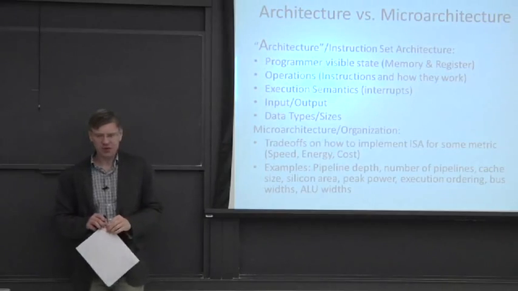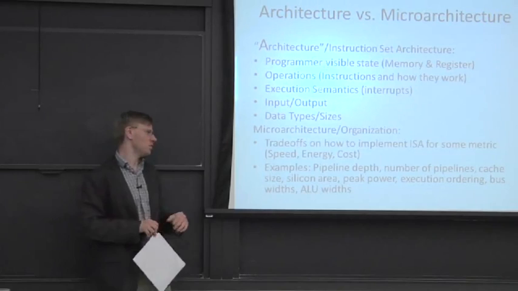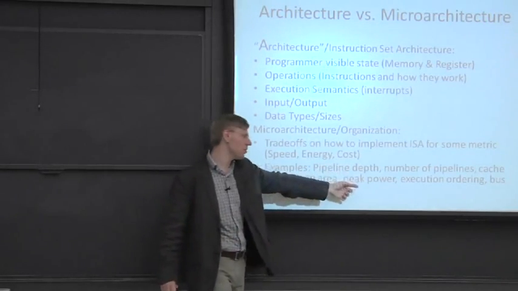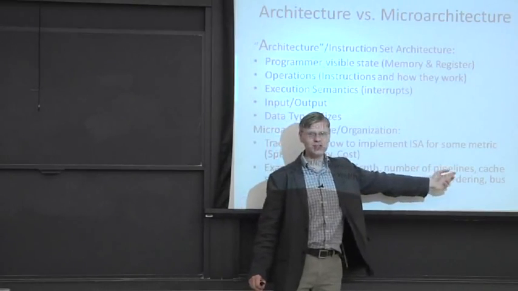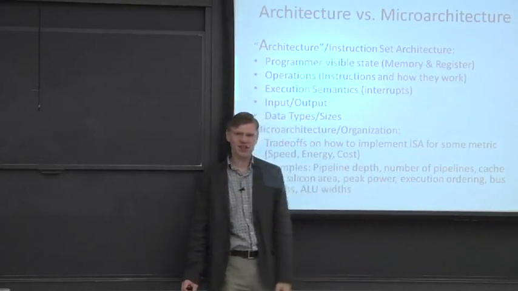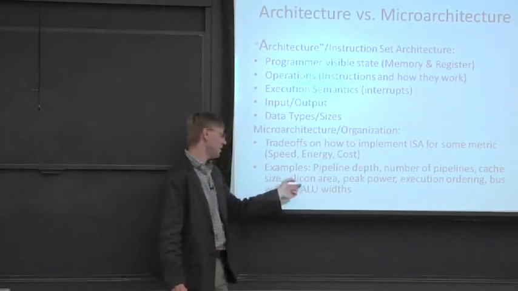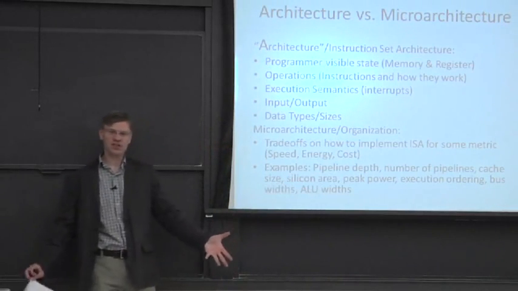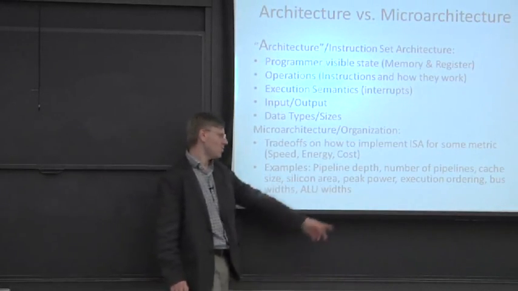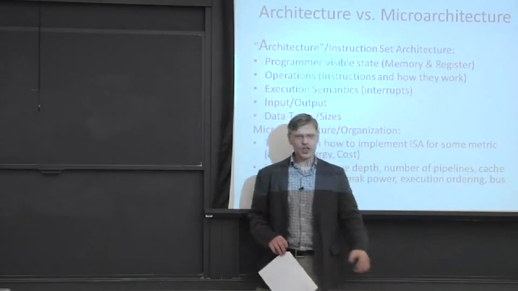So let's look at some examples of things that you might trade off in a microarchitecture. So you might have different pipeline depth, numbers of pipelines. So you might have one processor pipeline, or you might have 6, like something like the Core i7s today. Cache sizes, how big the chip is, the silicon area, what's your peak power, execution ordering.